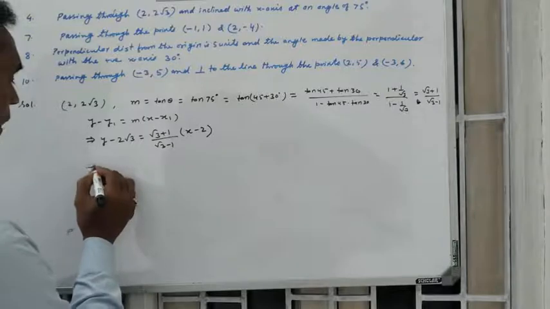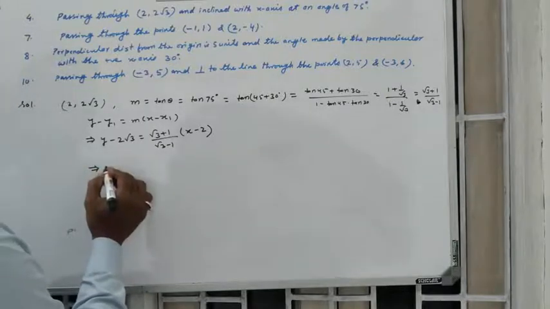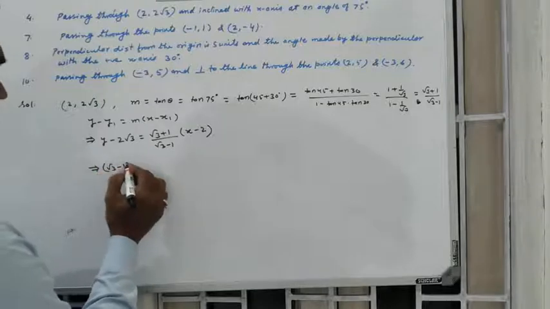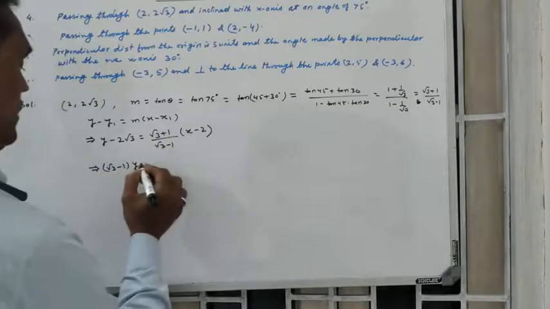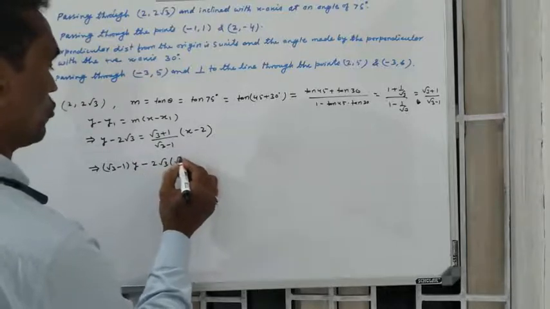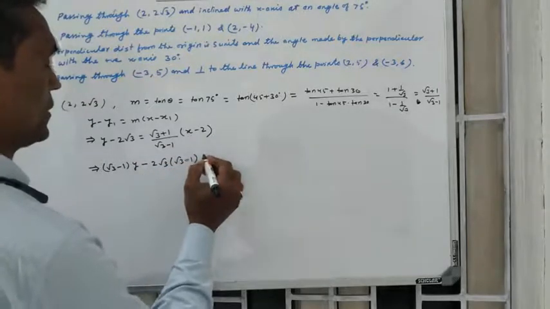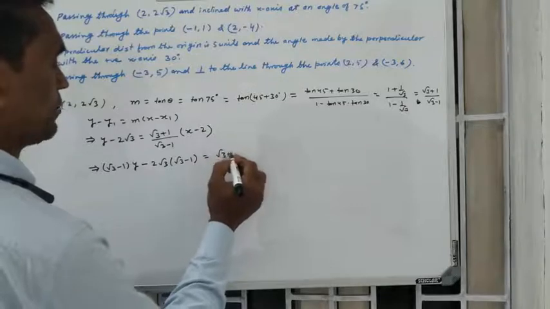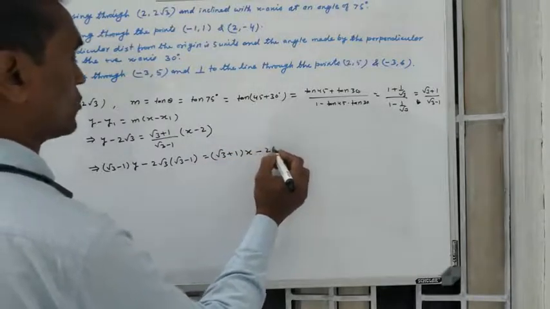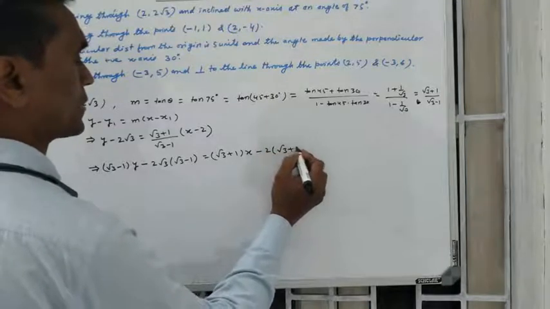Now we have to simplify this. So root 3 minus 1 into y minus 2 root 3 minus 1 is equal to root 3 plus 1 into x minus 2 into root 3 plus 1.